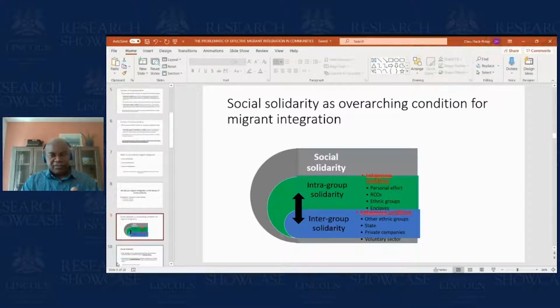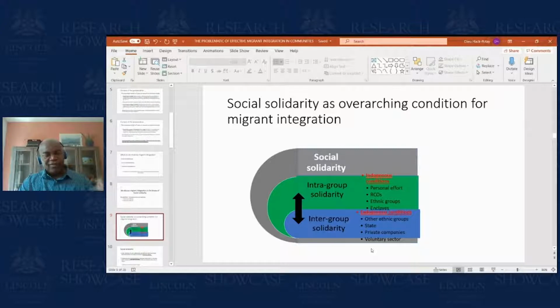So when we look at the gray area, this is basically what we would call solidarity. But that solidarity, social solidarity, which is the main enabling factor for migrant integration, does not come out of a vacuum. It is constructed through different elements. One of its elements is intra-group solidarity. So what we are saying here is that the migrants that come to a new collectivity have to help themselves.